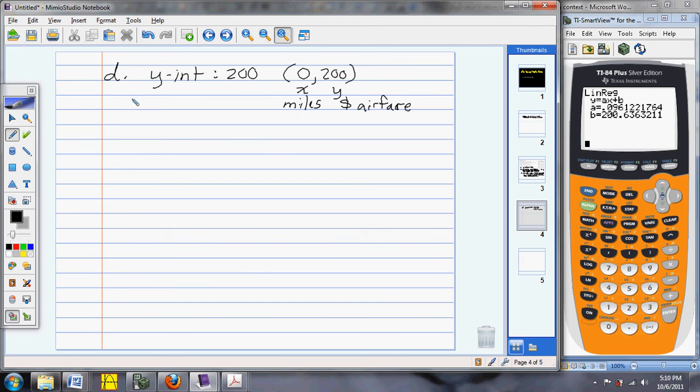Okay? The airfare is $200. There's lots of different ways you could say this, but the airfare is $200 even if you travel no distance.